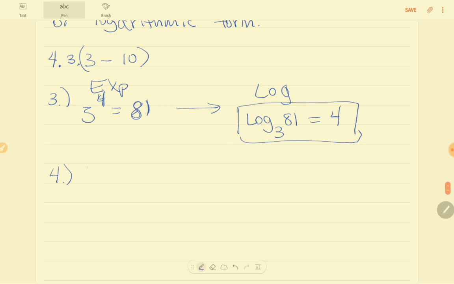Number 4 is given in exponential form. It is 2 to the 5th power equals 32. So in logarithmic form, it'll be the log base 2 of 32 equals 5.